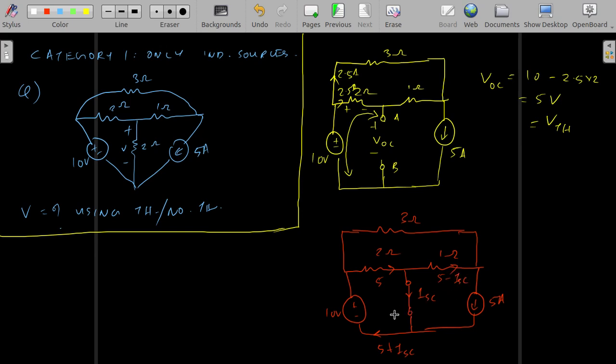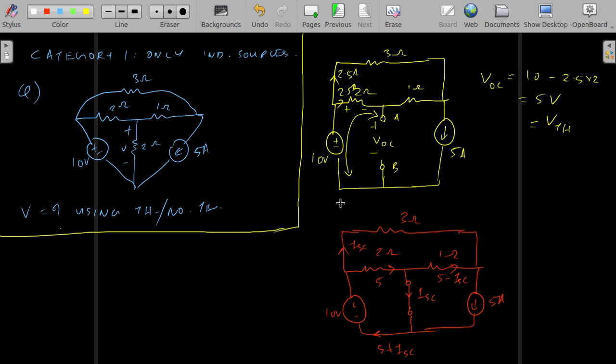Okay. And here we have 5 plus ISC, which is coming here, and 5 is coming this way. So this will be ISC. So 5 is coming here, ISC is going this way, and this is 5 minus ISC. Again, ISC will join here. So 5 minus ISC plus ISC will be 5. So all the currents check out.